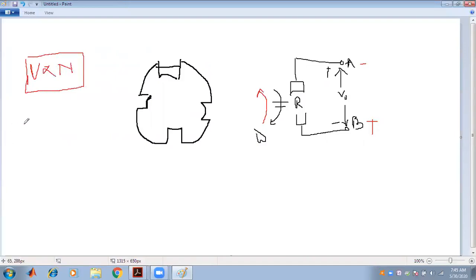So V, the generated voltage, that is the output voltage, is directly proportional to N. If I draw a typical graph of speed versus time, and also the output voltage V0 with respect to time, the typical graph obtained is like that in nature.